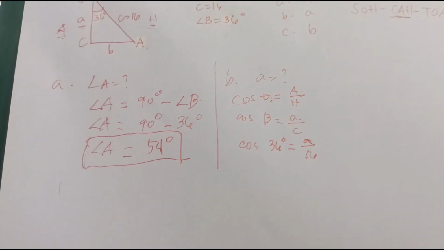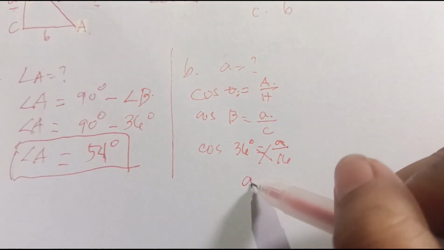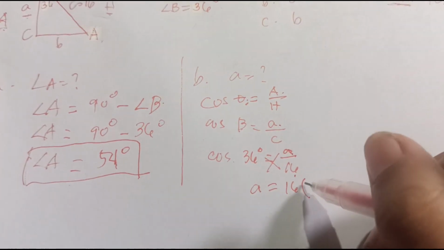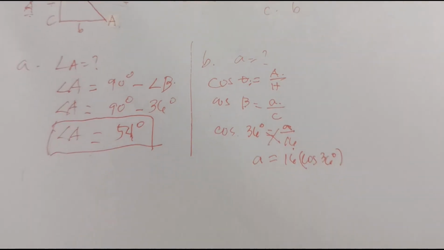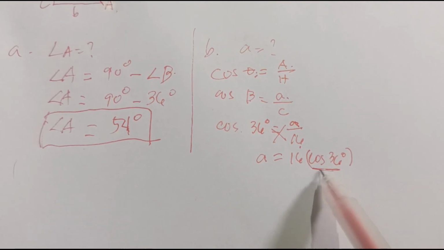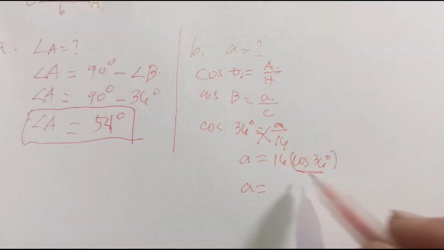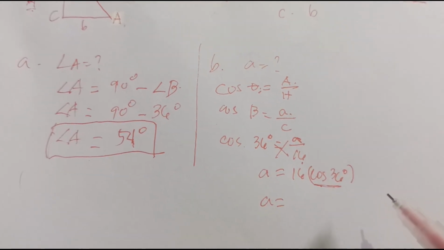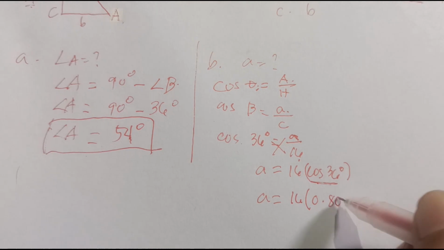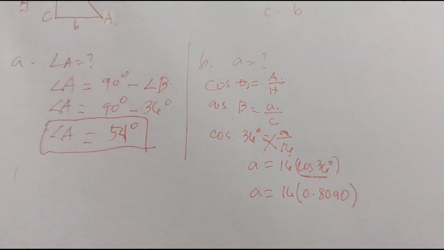After that, we are going to cross multiply. In cross multiplication, A has no pair, so it stays here, and we start with the 16, whose pair is cos 36 degrees. What do we do next? We input this in a calculator. Cos 36 equals 0.80901. We don't write the 1, so the 0 will not be rounded off, just copy.